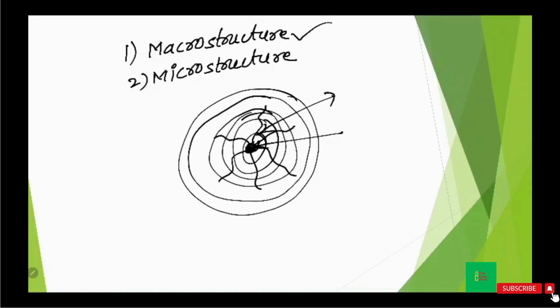This is the pith. After the pith, this is the heartwood. These are rings, annual rings.